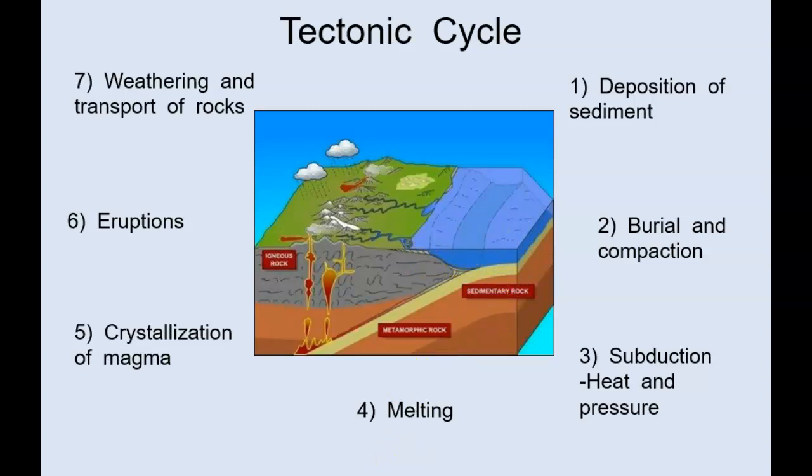So once the sediment has been deposited, you need further burial and further compaction. That would be our second event. So you get it deposited somewhere, and then you get it buried and compacted. Both of those things can happen from more sediment getting deposited on top of the first set of sediment that we considered.